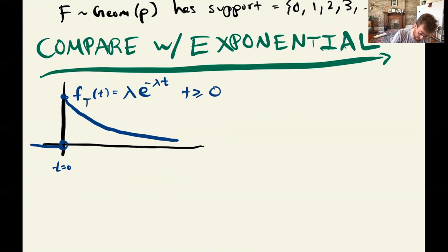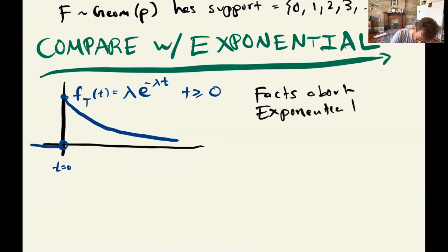And I want to also remind you that we've got the following facts about the exponential. One is that the expectation of t, where this is our random variable that's governed via lambda, is equal to 1 over lambda.